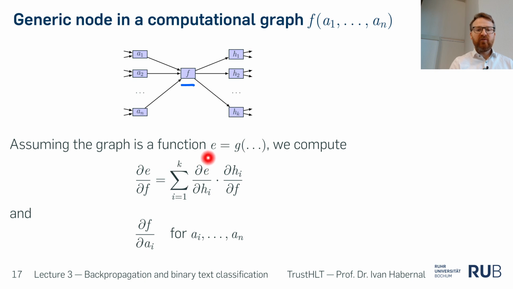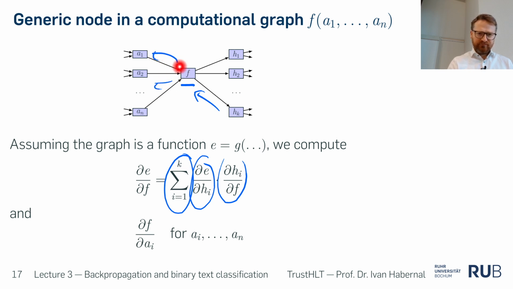For each of those parents, we take what I call the global derivative, and compute it by this local derivative and sum them up for all the parents. And then for each of the children, we need to compute the partial derivative with respect to each of those children or parameters of the function, or input variables of the function. So this is the generic thing.